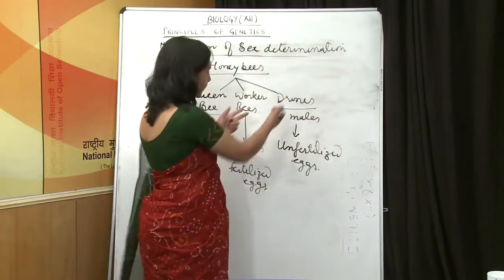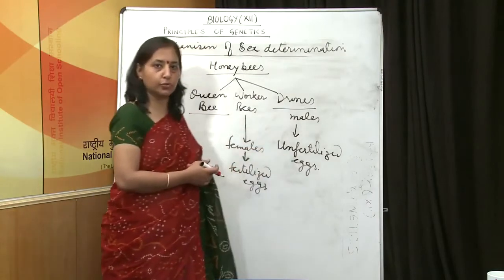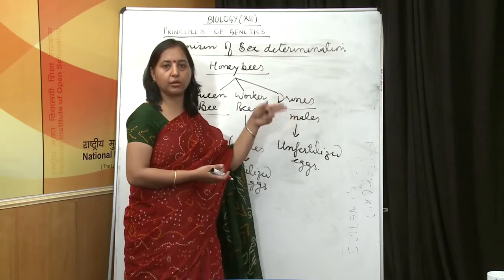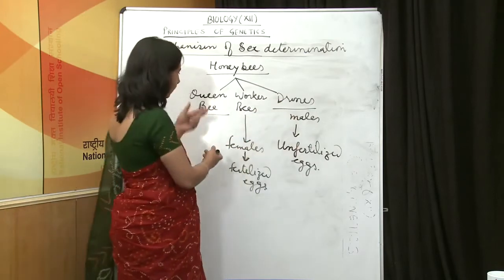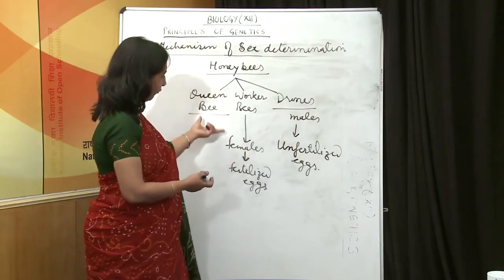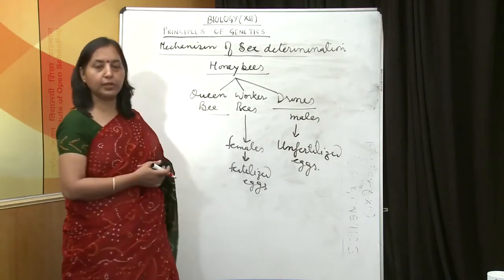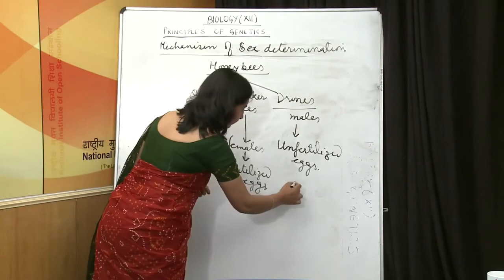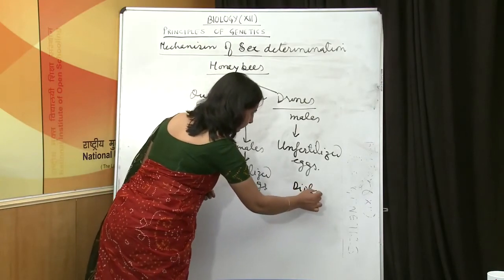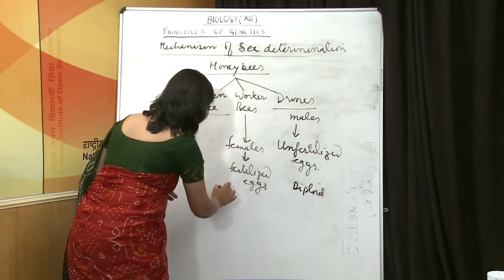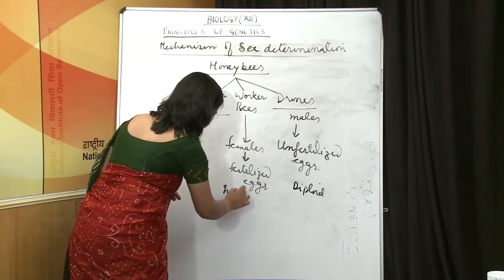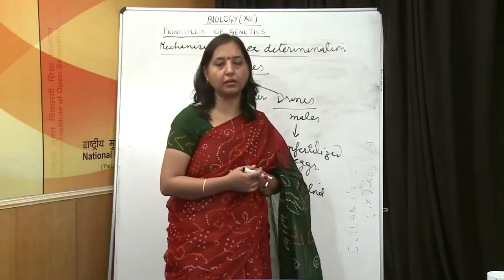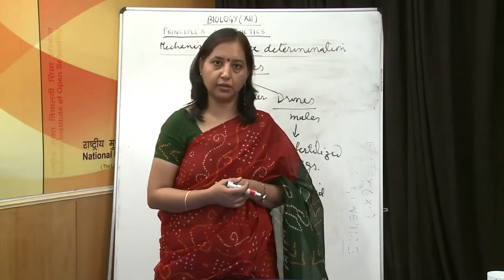If the individual has a diploid number of chromosomes, that is 2 sets of chromosomes, it develops into a male, a drone, whereas the females, the worker bees or the queen bee, have a single set of chromosomes. So here the number of chromosomes determines the sex of the individual.